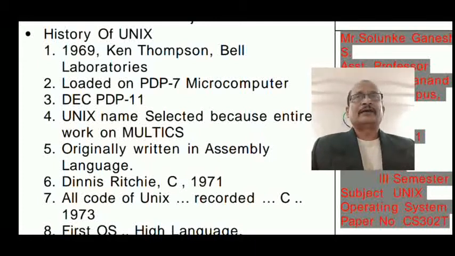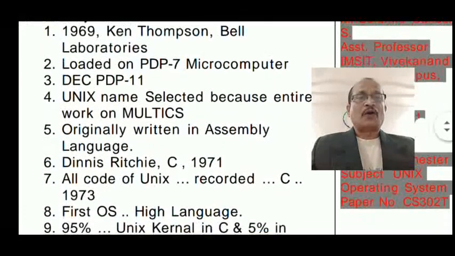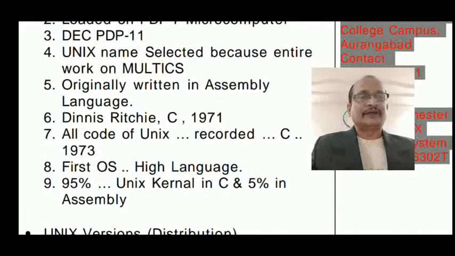That's why all the Unix code already written in assembly language was rewritten in the C language in 1973. Unix is the first operating system written in a high level language, that is the C language.